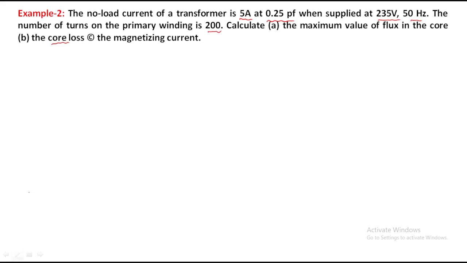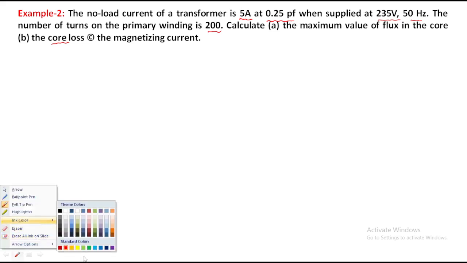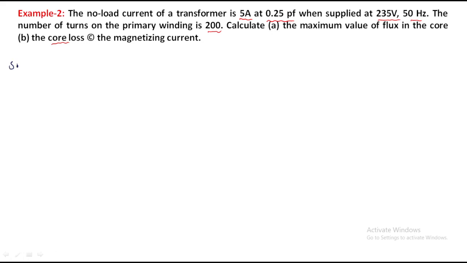So we all know that for operation of transformer under no load, the no load current I0 equals 5 amperes, and cos phi naught equals 0.25, and primary induced EMF E1, which equals V1, is 235 volts.